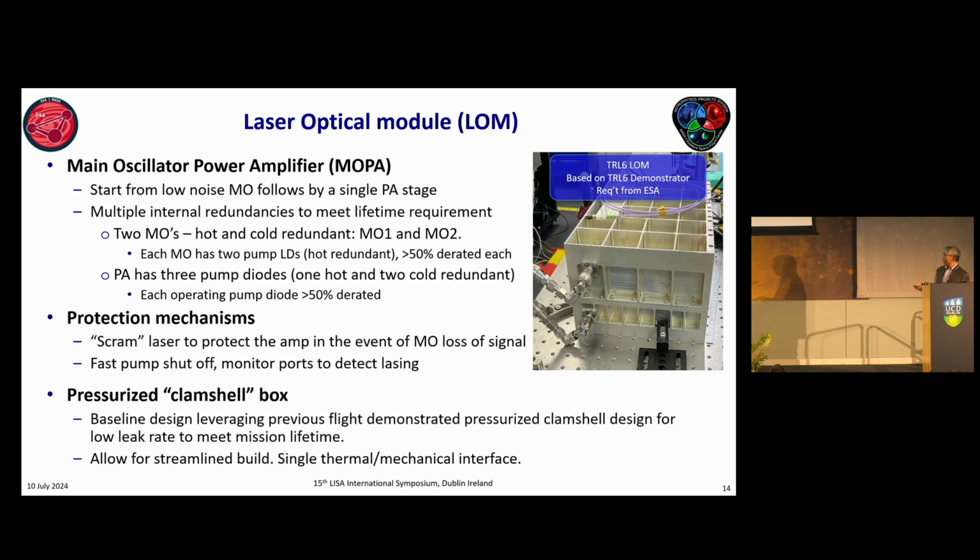And we have a protection mechanism inside what we call the SCRAM laser. When there's a detected loss of seed laser from the amplifier side, we manage and do a quick turn off for the pump diodes, and also turn on the SCRAM laser to extract the gain so as to save the power amplifier.